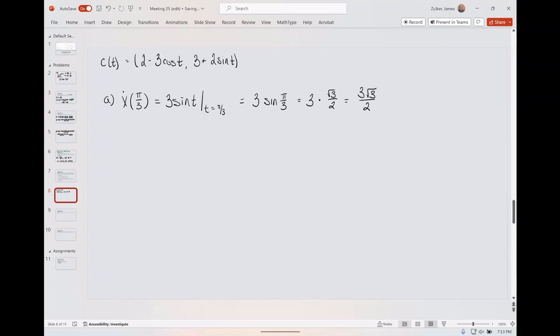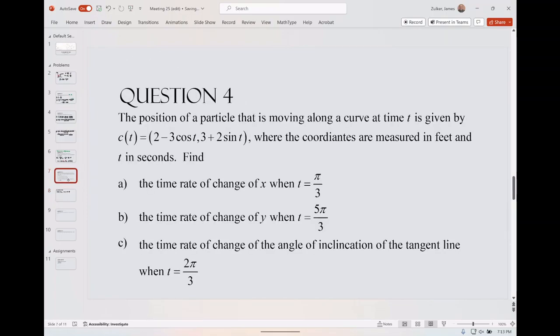And what are the units? 3... feet per second.